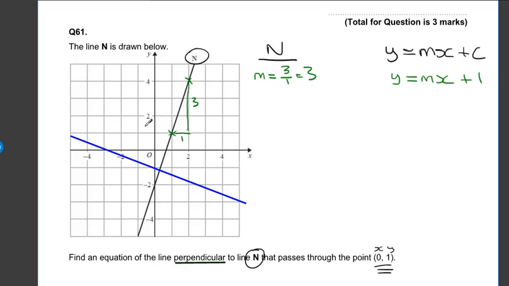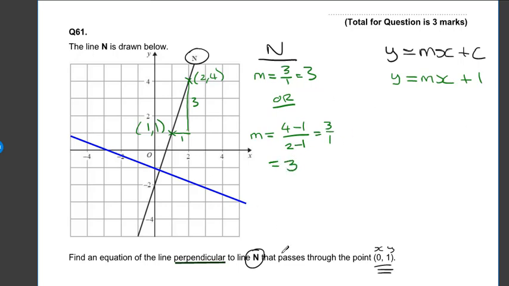Or else, if you want to do it the long way, that point is 1, 1. This point is 2, 4. So I can put m equals, well, it's y2 minus y1, so it's 4 minus 1 over x2 minus x1, which is 2 minus 1. That equals 3 over 1. That equals 3. Okay, so make it obvious what you're talking about.